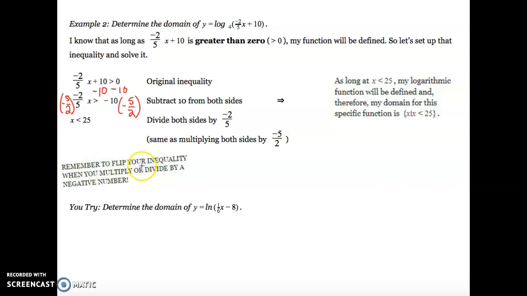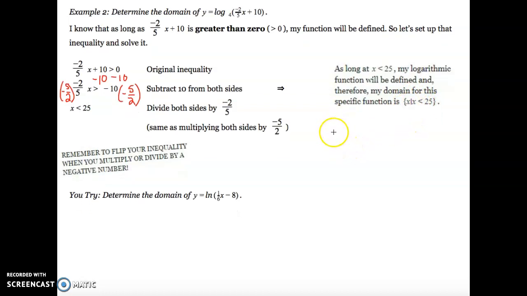Remember, when you multiply or divide by a negative number, which we're doing here, we flip our inequality. So my inequality was x greater than, now it's x less than. This makes what's inside my parentheses greater than 0 if x is less than 25. So as long as x is less than 25, my logarithmic function is defined, and the domain is the set of all x values such that x is less than 25.